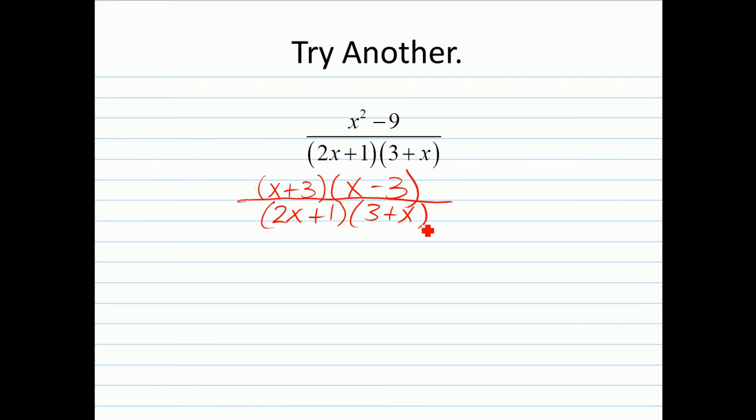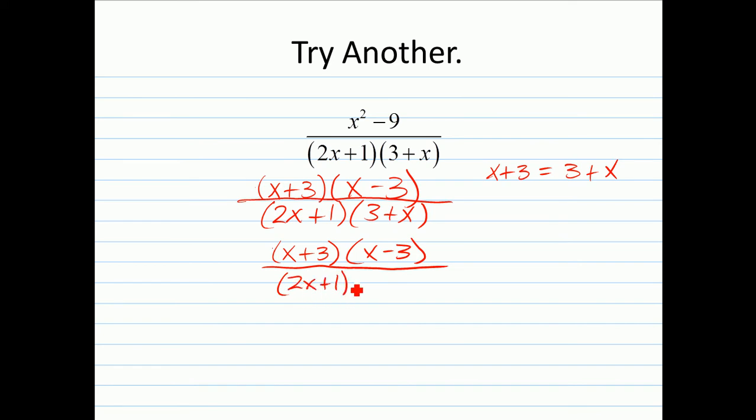Now, you might look at this and not see any common factors. However, there are. Just because the terms are rearranged inside the parentheses doesn't mean they're not the same thing. If you look closely, x plus 3 equals 3 plus x. So if you need to, you can rewrite the numerator and the denominator so you have them in order.